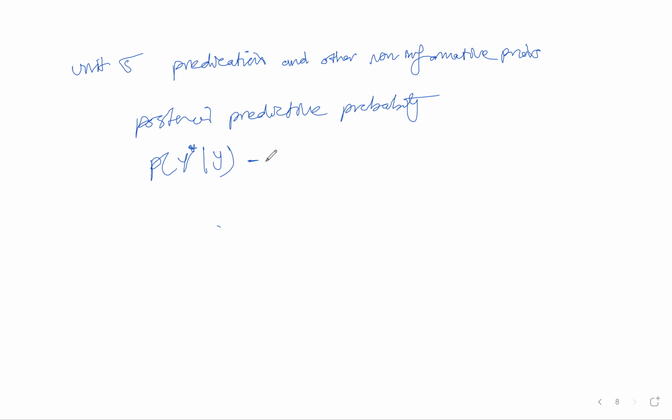It equals N star choose Y star, the number of successes in this future sample, times gamma of alpha posterior plus beta posterior, divided by gamma of alpha posterior, divided by gamma of beta posterior.